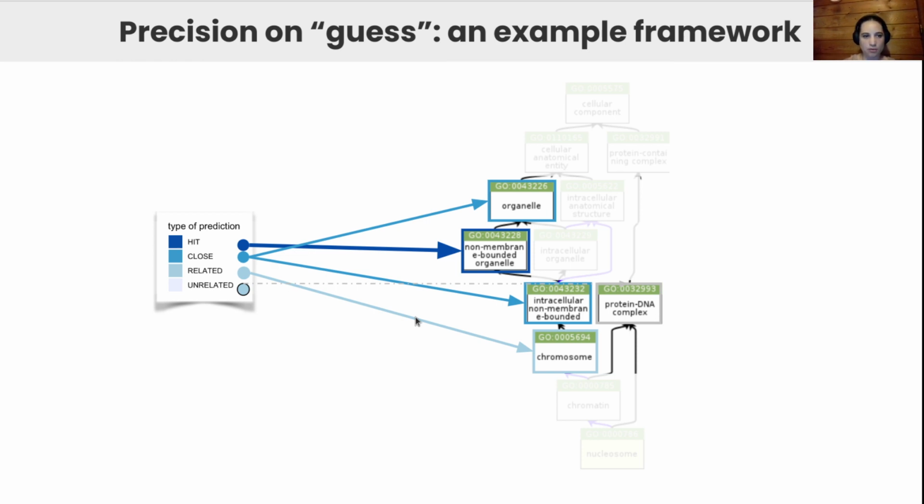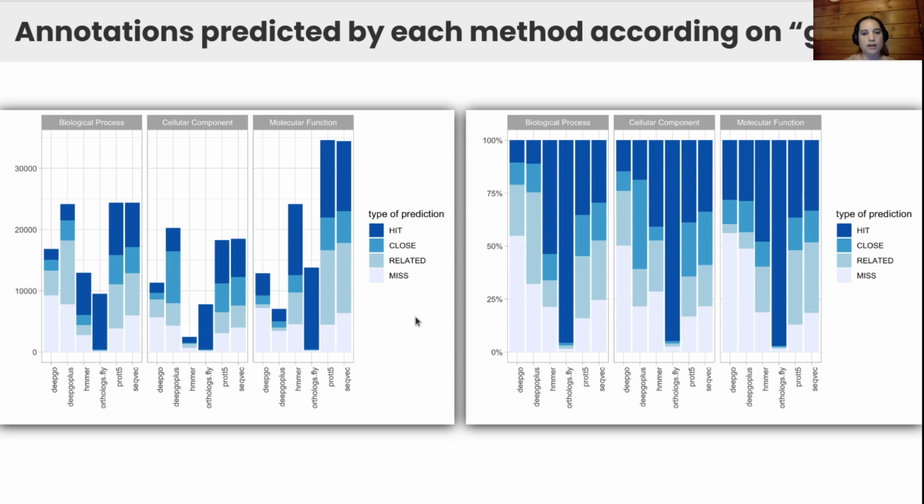So collapsing those Go's into categories, we obtain that the number of hit, close, and related predictions per category and method is bigger in the language models compared with the conservative methods, which are Hammer and the search of orthologs, than DeepGo Plus and DeepGo, where most of them are unrelated.